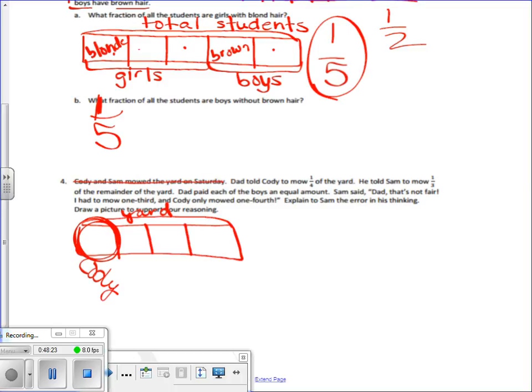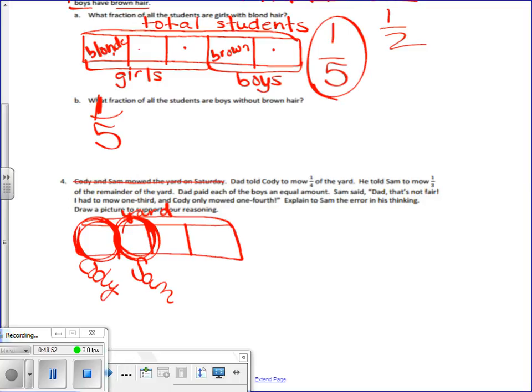He told Sam to mow 1/3 of the remainder. Because there's only 3 left. So Sam is only doing 1/3 of the remainder of the yard. Someone's just going to go sweep through.